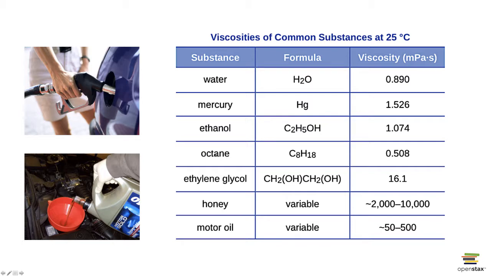For example, octane, a component of gasoline, has a fairly low viscosity, 0.508 millipascal seconds, and flows pretty easily, whereas motor oil has a viscosity between 50 and 500 millipascal seconds, much higher. Motor oil has a wide range of viscosity values depending upon the purpose for which it's needed, the type of engine, the operating conditions, weather, etc.